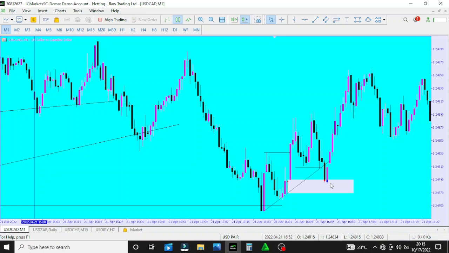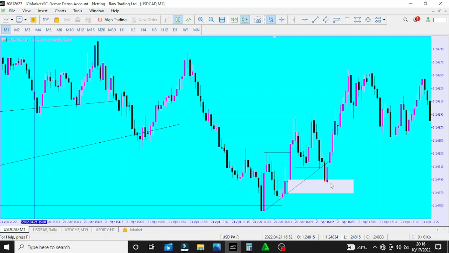Wally and Waka and Alex, they always talk about how a 5 pip move in a market costs someone billions of dollars. Some people call M1 price action just noise.